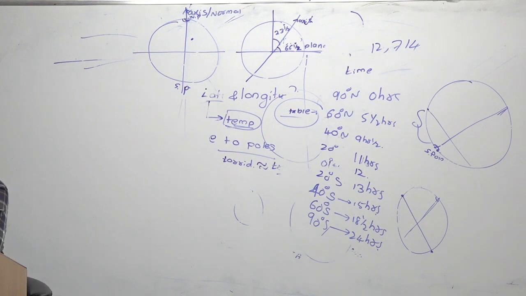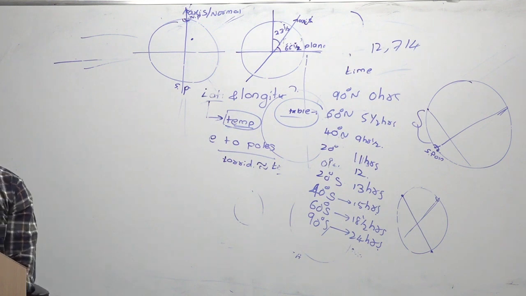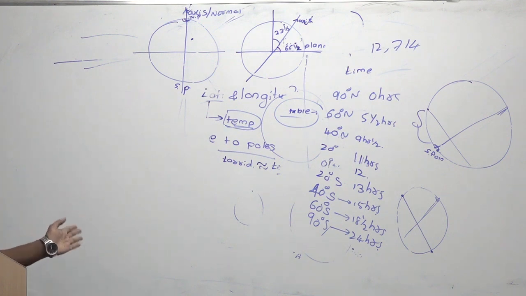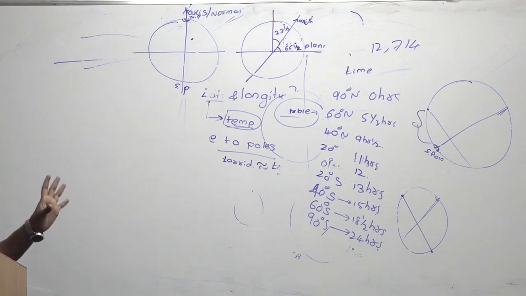It is referred to as midnight sun. See, North Pole, Arctic Circle, night times, still you can see the sun, midnight sun.